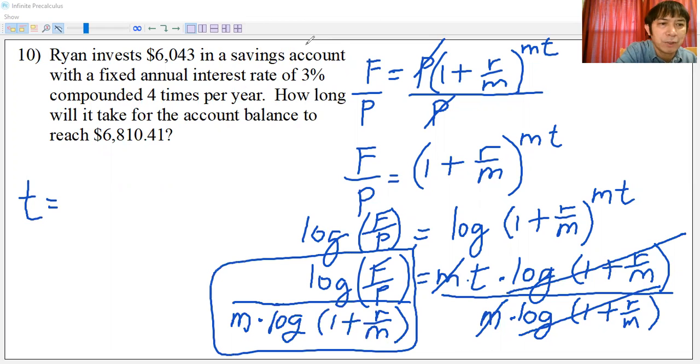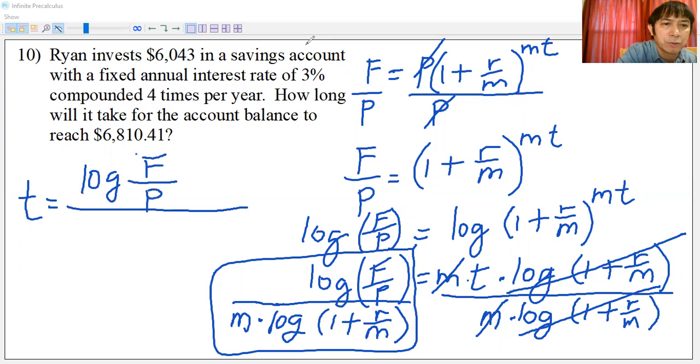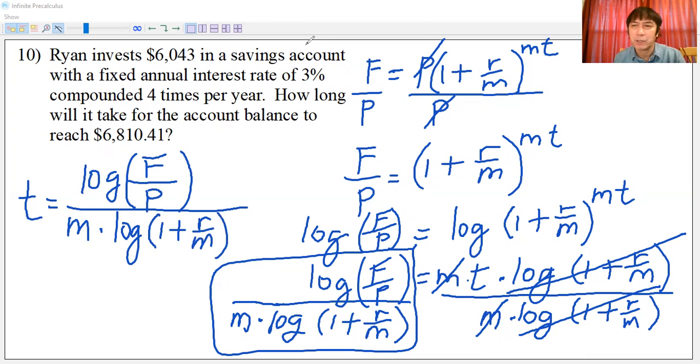This is equivalent to t: the logarithm of the future amount over the present amount divided by the product of m and the logarithm of 1 plus r over m. That should be our formula.